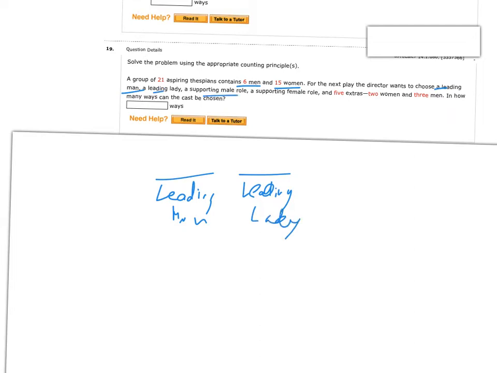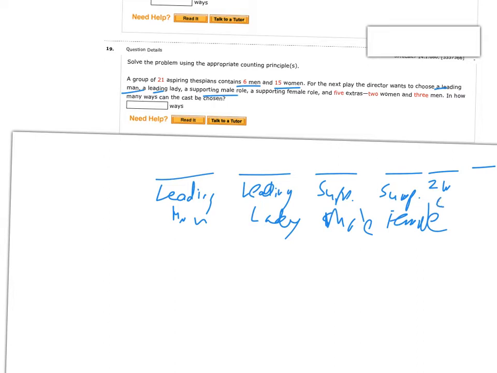And a supporting male role, and then a supporting female, and then we also have, and I'm going to actually have to do these way back here. Actually, I'll do it up here. 2 women extras and 3 men extras.